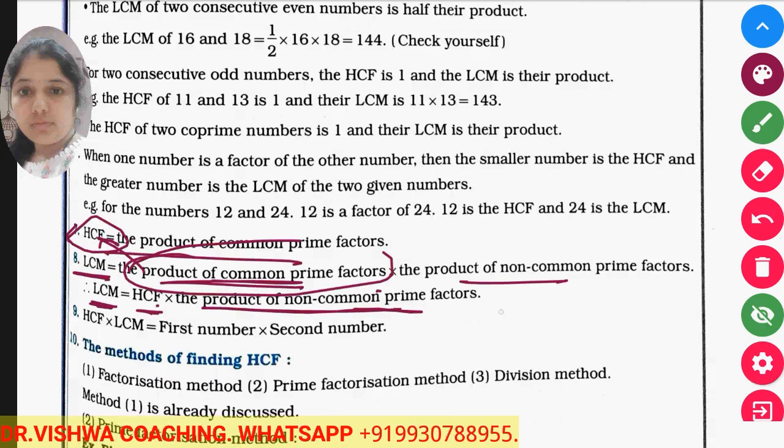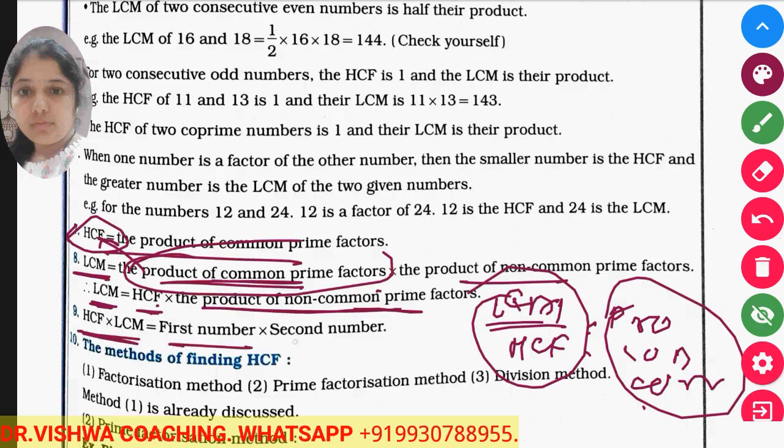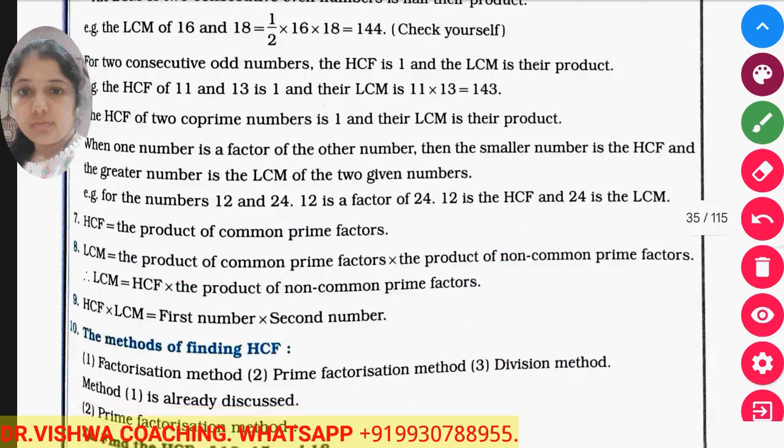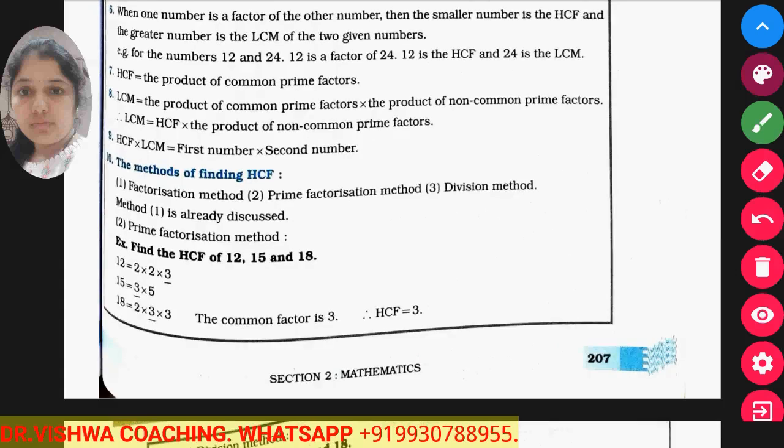So we got the formula: LCM upon HCF is equal to the product of non-common factors. The factors which are not common in both of them, their product is equal to LCM upon HCF, and HCF into LCM is equal to first number into second number. So these are all the formulas which we have to keep in mind before we solve the problem.